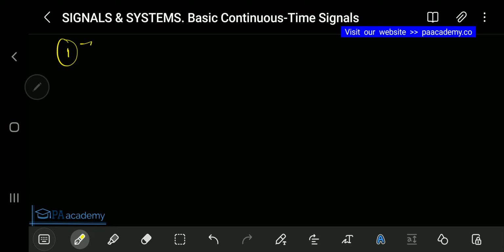So the first one is the unit step function. Some might also call it the Heaviside step function.